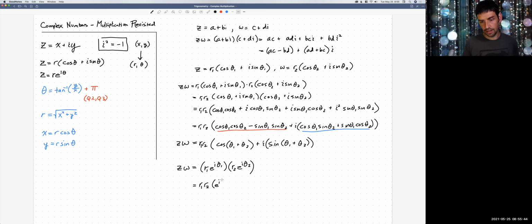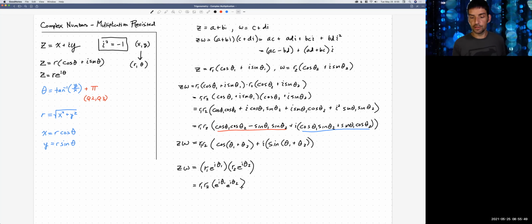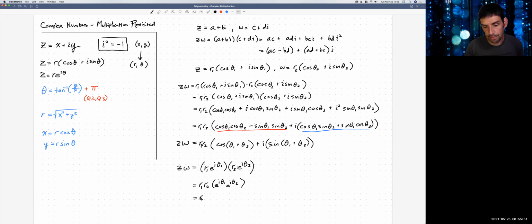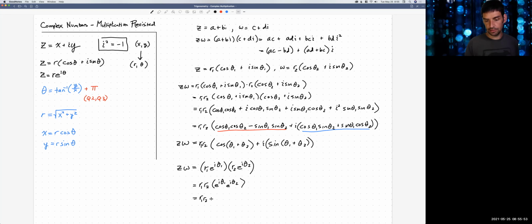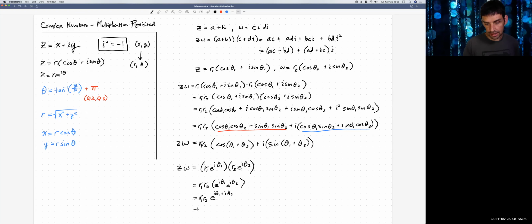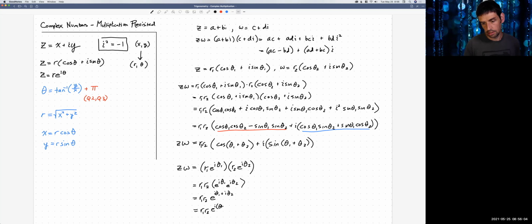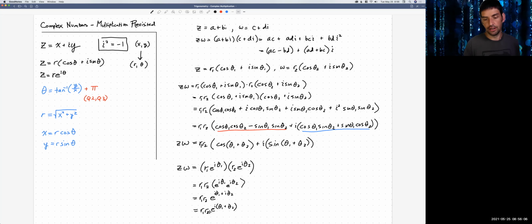And we get e to the I theta 1, e to the I theta 2. But when you multiply two things together that have the same base, you can add the exponents together. So we'll get e to the I theta 1 plus I theta 2. And then in that exponent, we can factor out the I.